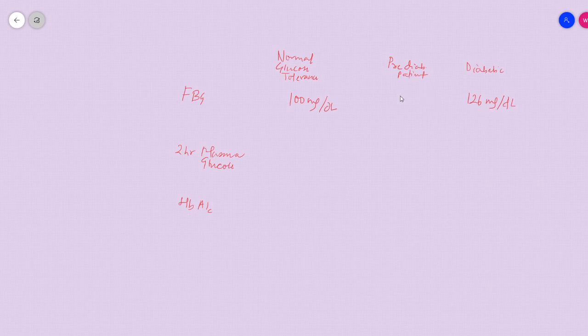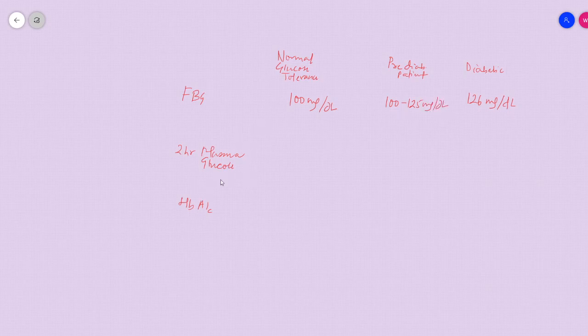But that assumes the test has been done on at least 2 occasions. It's not like you get a single test and you obtain this and you classify the patient as a diabetic. Pre-diabetic would be if the fasting blood level is between 100 and 125 milligram per deciliter.